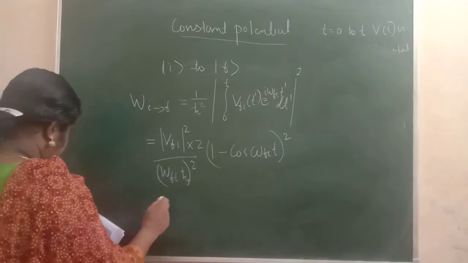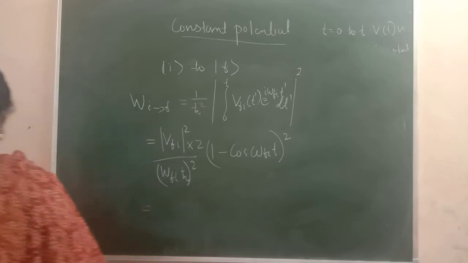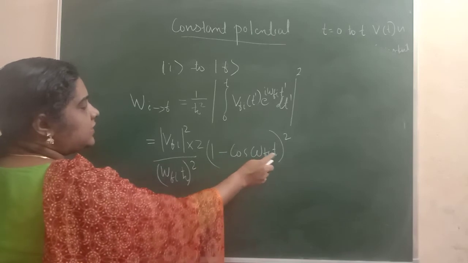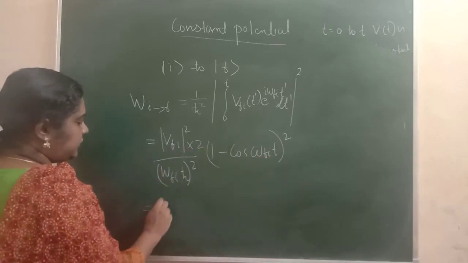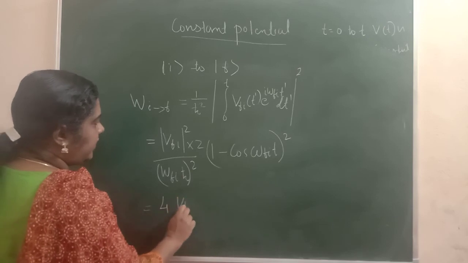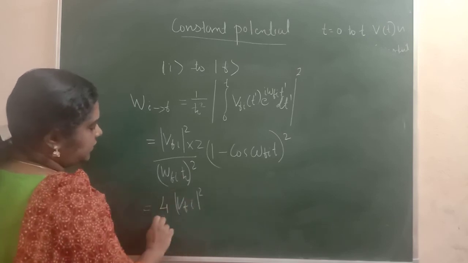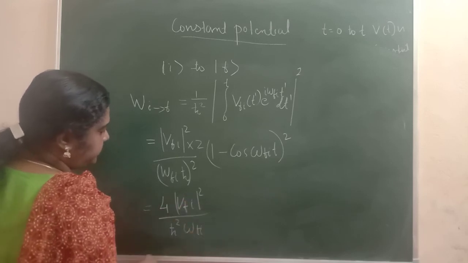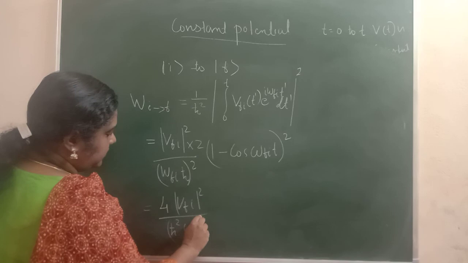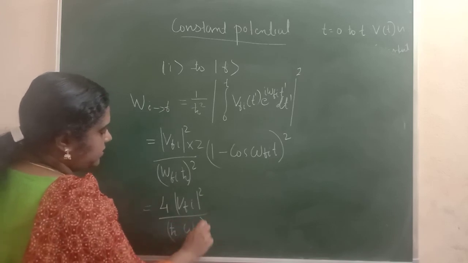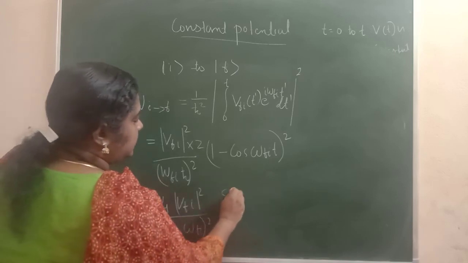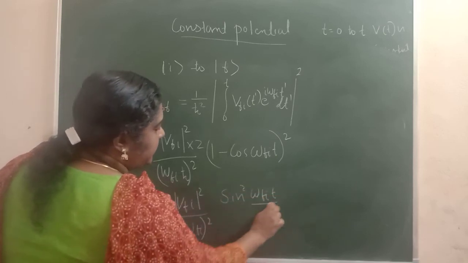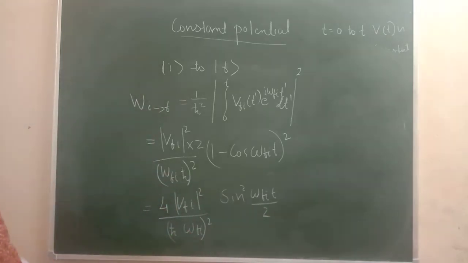Finally, you will get 2 into 1 minus cos omega theta is equal to 2 sin squared theta. 2 into 2, it is 4. Okay, 4 modulus Vfi squared over h cross squared omega fi squared, this is sin squared omega fi t by 2. Okay, the final expression will be like this.